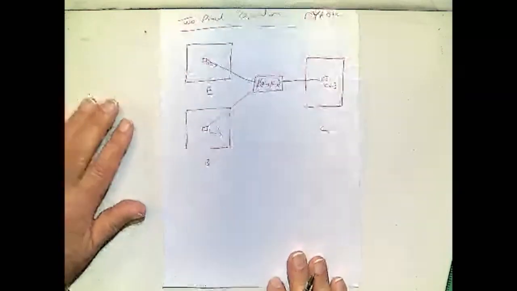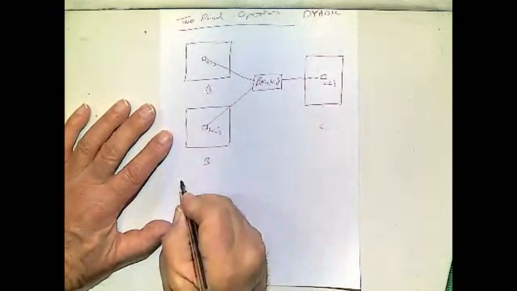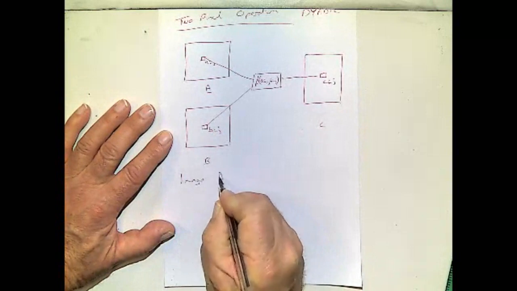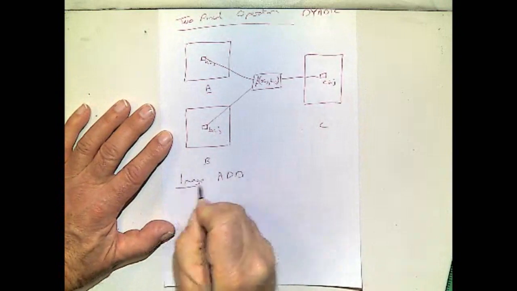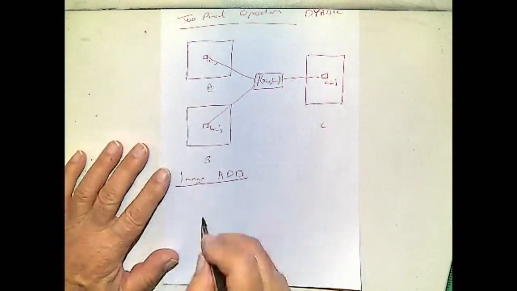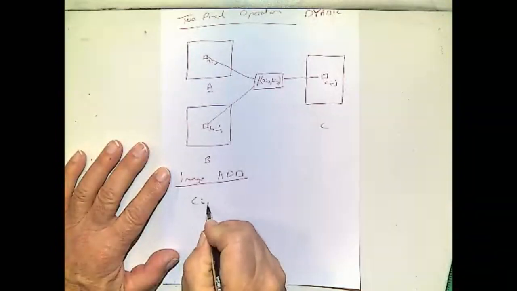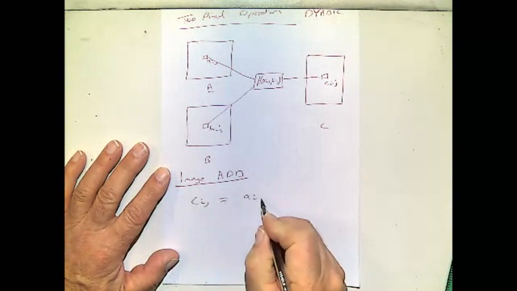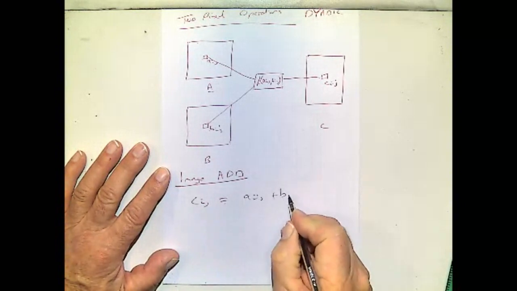So, the first of the dyadic operators is image add. Sounds like a simple operation, simple arithmetic. So the output image is Cij equals Aij plus Bij.